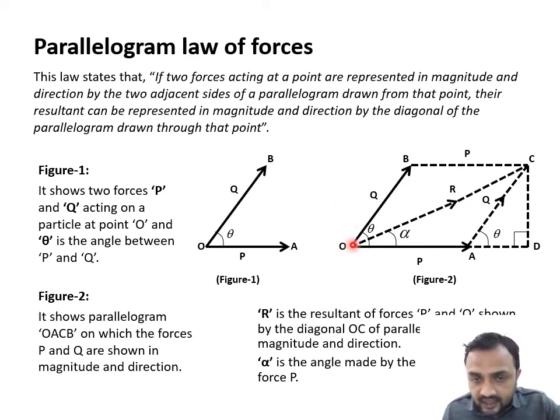Here the resultant is R. In parallelogram OACB, the diagonal is R. This is the diagonal. The resultant of OB and OA, that is P and Q, is represented by this force R.